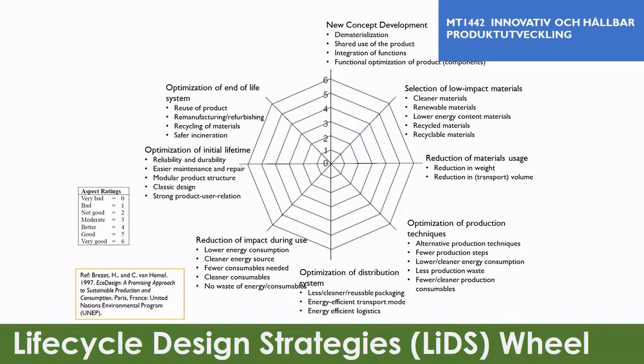So you can do an assessment of different variables, for example, new concept development, selection of low impact materials, reduction of material use, optimization of production techniques, optimization of distribution system, reduction of impact during use, optimization of initial lifetime, or optimization of end of life system. So this is a very useful tool where you can do an assessment of the alternatives of the product that you have.